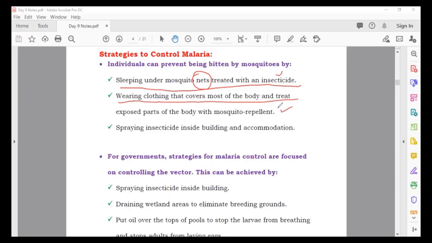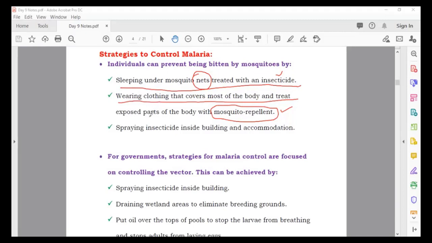Mosquito repellent, sometimes you may have seen it in small plastic packets, inside it's like a liquid, and you take it and massage it over your hands, sometimes over the face also, sometimes your feet also, which remain outside the cloth while you are sleeping. Whenever a mosquito comes near, due to its smell, it is repelled from that particular person.